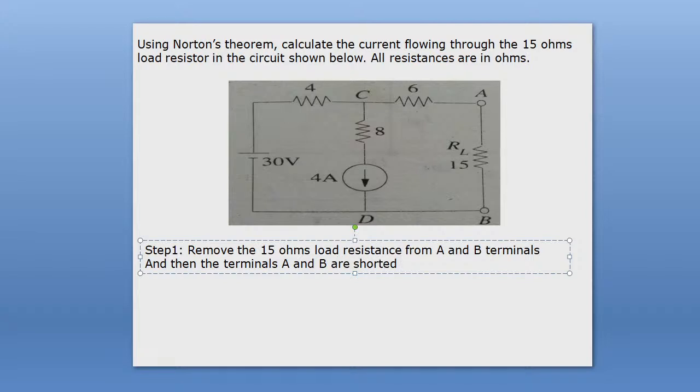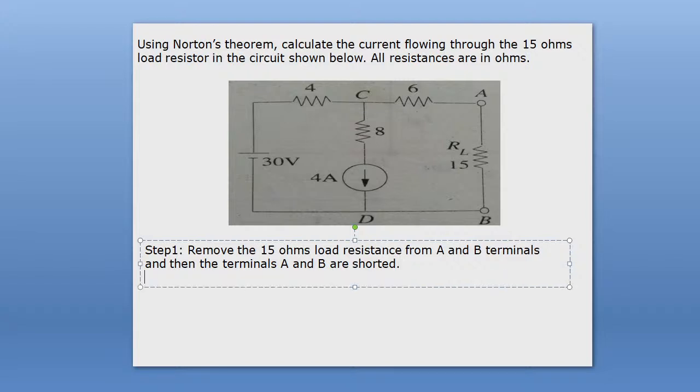Okay, so everyone first remove the load resistance from AB terminal and then short the terminals A and B.